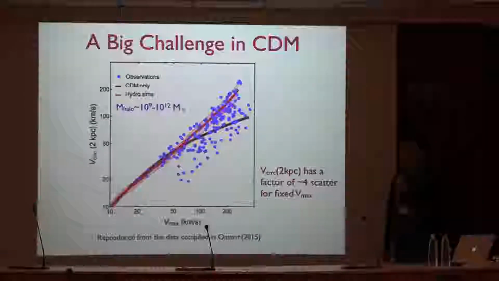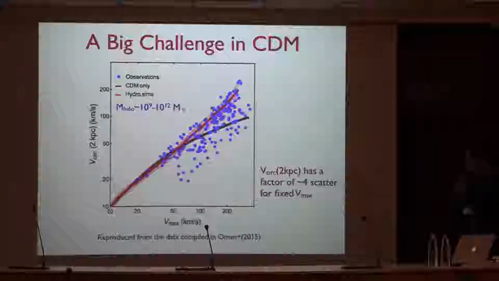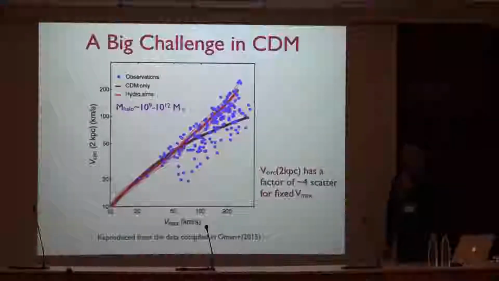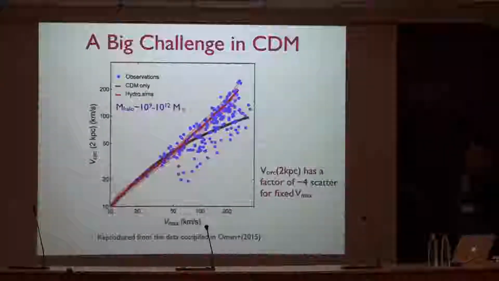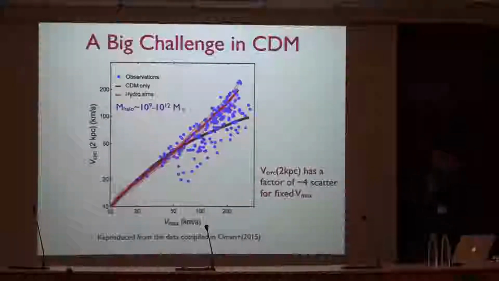And you can parameterize this diversity problem using this plot. For each galaxy, you pick up the circular velocity at 2 kpc in the inner region, and you also pick up the maximum circular velocity. So you can make a point here. Each blue point represents a galaxy. There are about 200 galaxies.